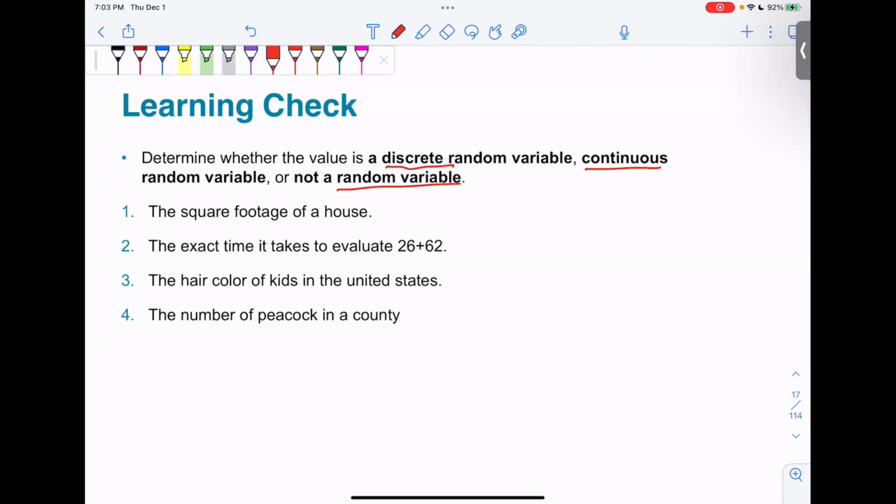So the first one is continuous. And then the second one, the exact time it takes to evaluate 26 plus 62.